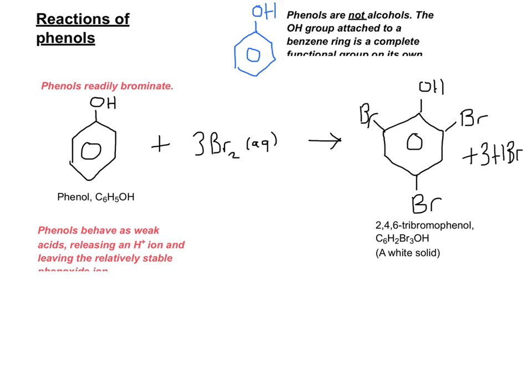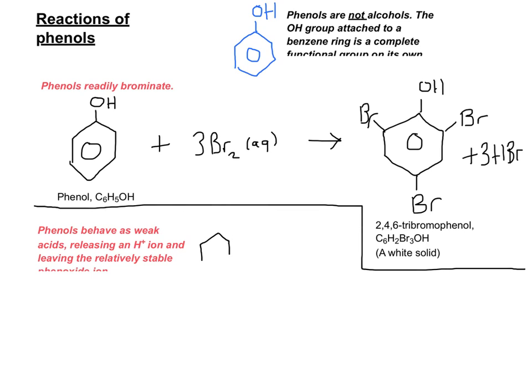So let's separate the page out slightly so we can consider the two different reactions separately, like so. If we've got a phenol molecule, like this, what it can do is ionize or dissociate into the phenoxide ion, which we talked about in the last slide, and H+.